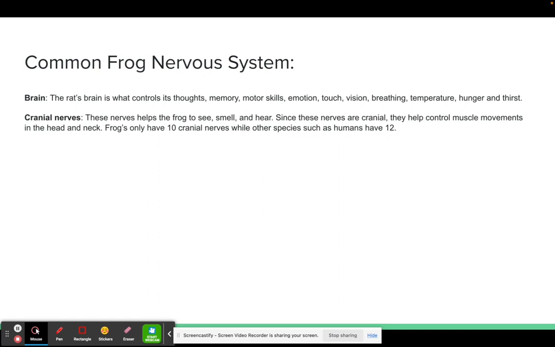In a frog, this cerebellum is very small, and in comparison to other species such as humans, it's very large, as it's very important for many other processes. And in addition, a frog's sense of smell is registered through the olfactory lobes, and this is towards the front side of the frog's body.